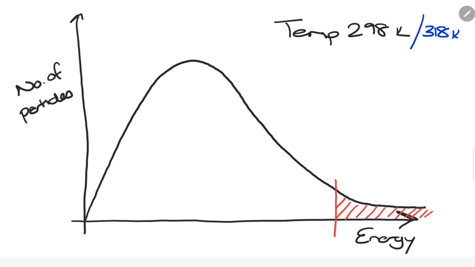And so if we increase the temperature, the most likely energy that a particle is going to have is going to increase. So the peak of the new curve is going to move towards the right.